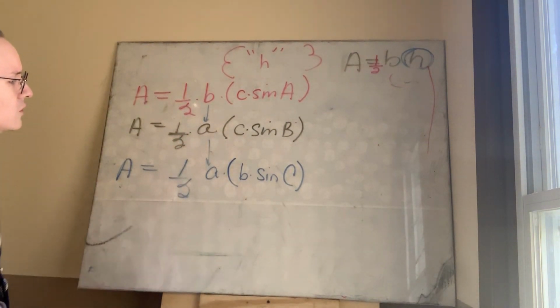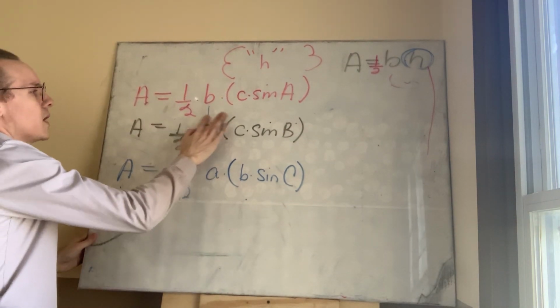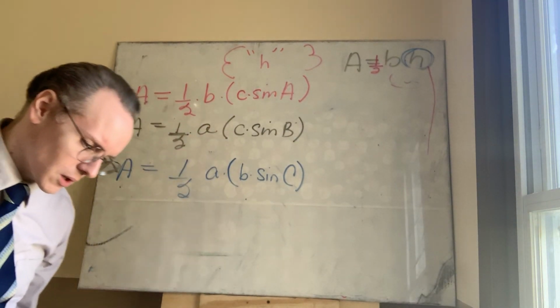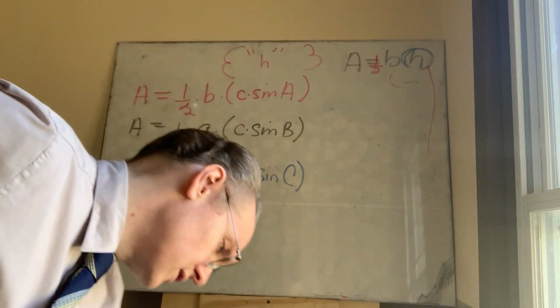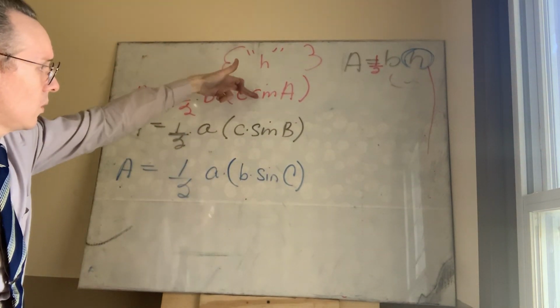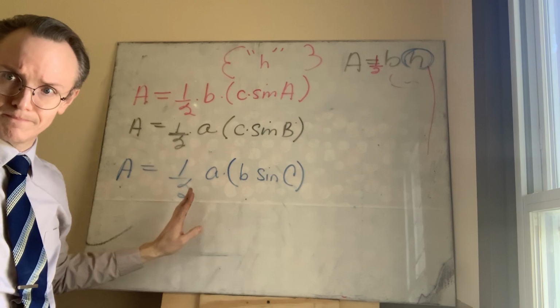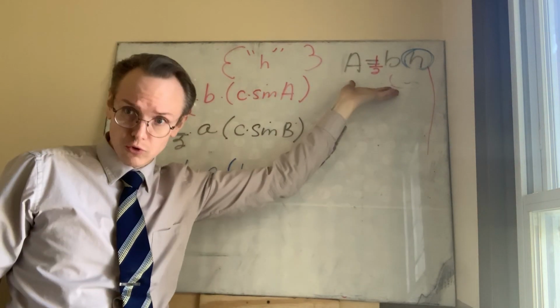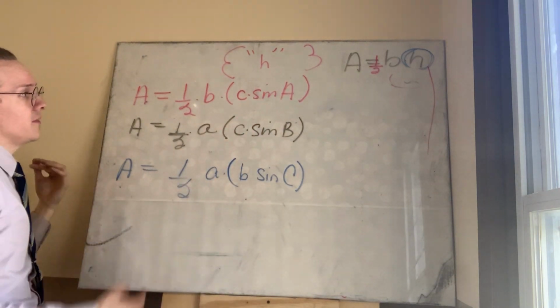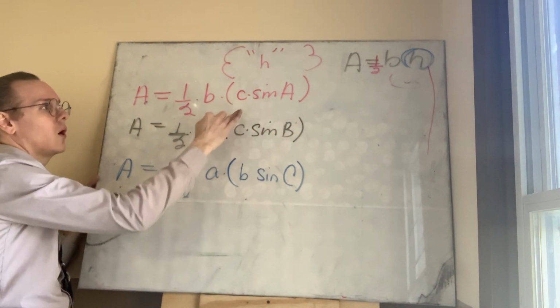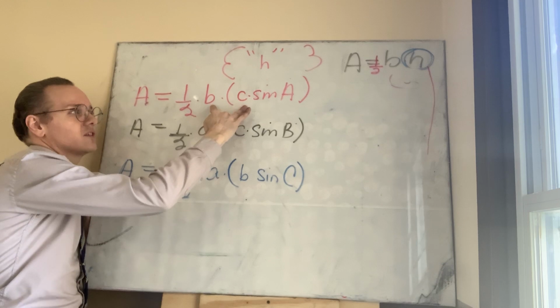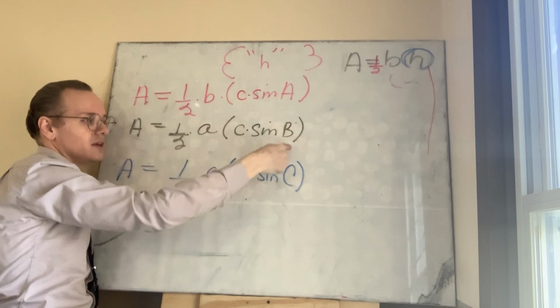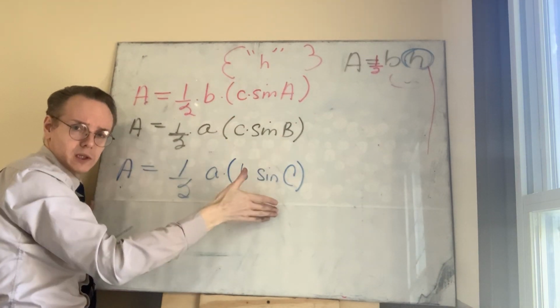But if you want sort of a method to remind you how to memorize this, they're all going to involve sine, is the first thing. They're all going to have a half because that's what the traditional triangle formula is. The other things are basically A, B, and C, so there's some sort of alphabetical order here.